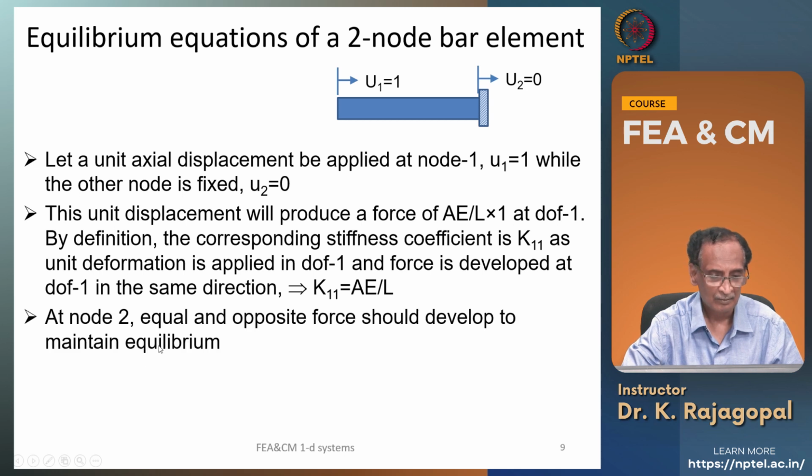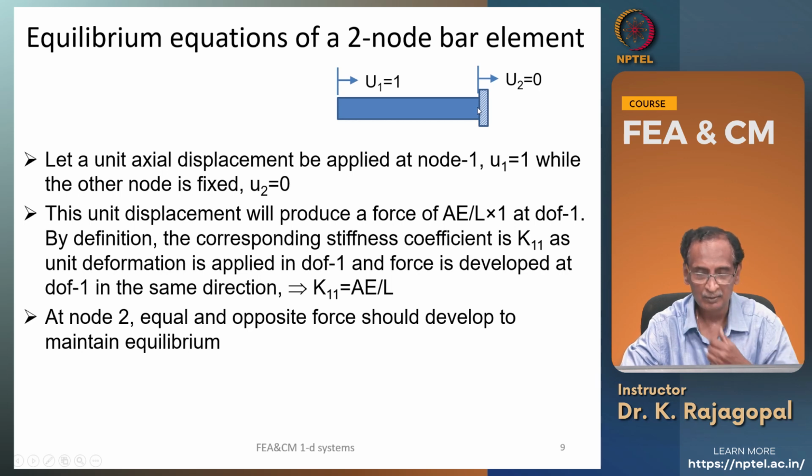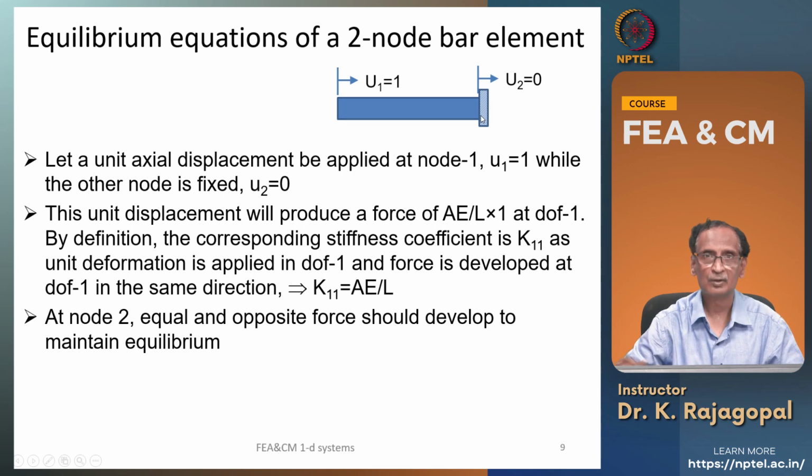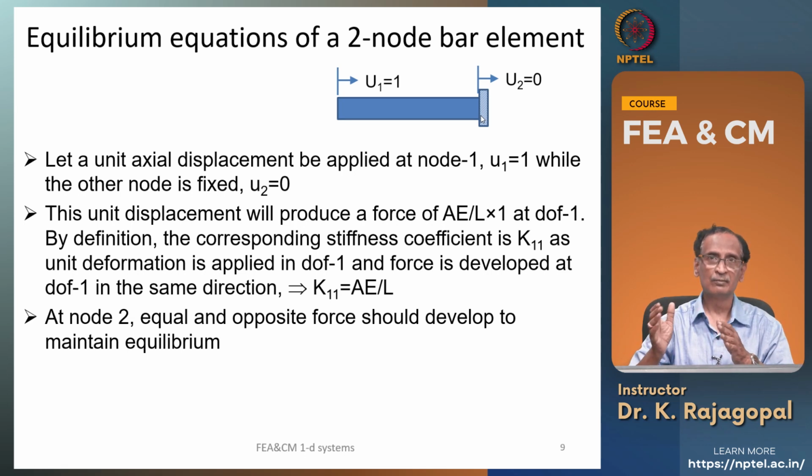And at node 2, equal and opposite force should develop to maintain the equilibrium. And at node 2 at the degree of freedom 2, the stiffness coefficient will be K21. The force developed at the degree of freedom 2 because of a unit displacement applied at degree of freedom 1.